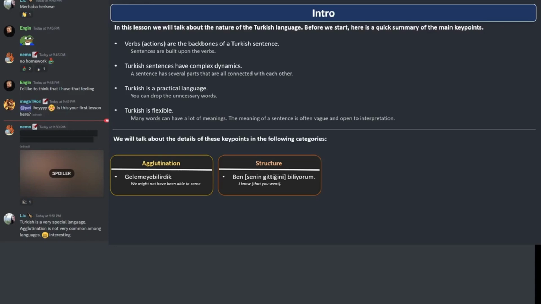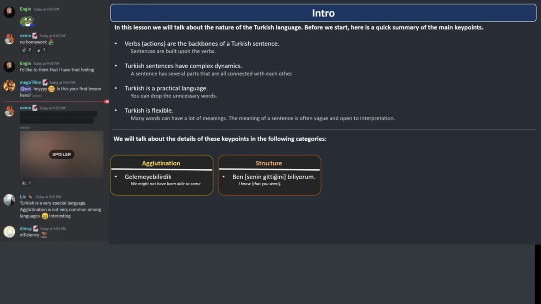Instead of having a very long sentence, or complicating the sentences, instead of having them separate, one by one, we just put them in one sentence. And structure.